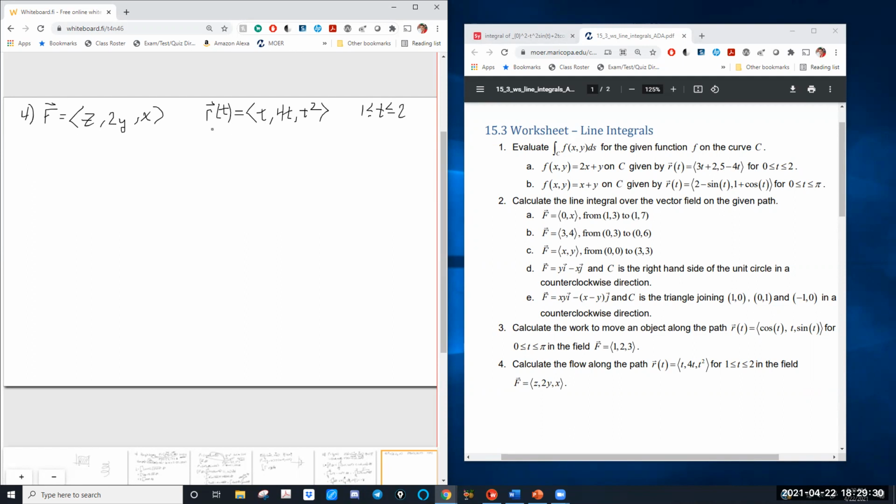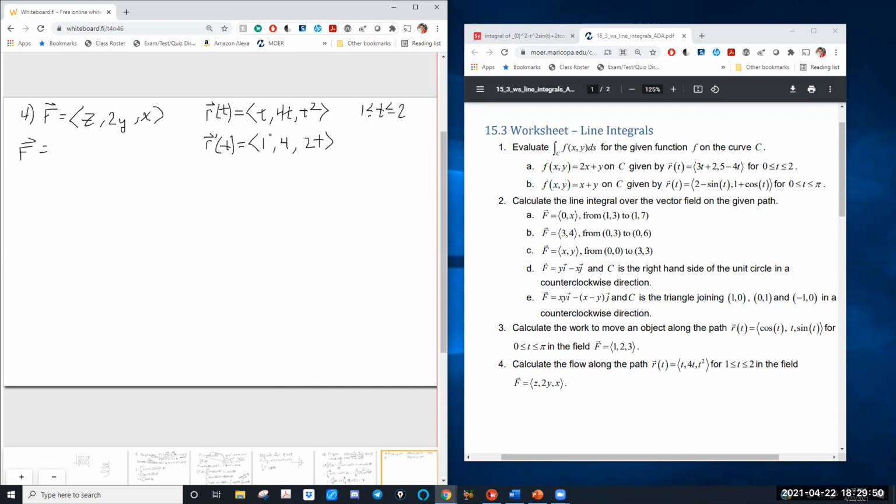So 2 things we do first, and it's up to you the order. First thing, I like to find the r prime of t because it's right here, which is just the derivative component by component: 1, 4, 2t. And then we want to get F in terms of t.